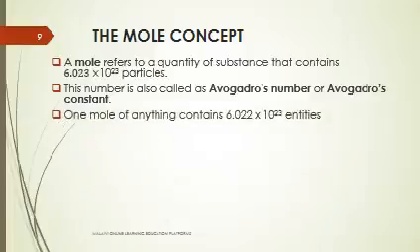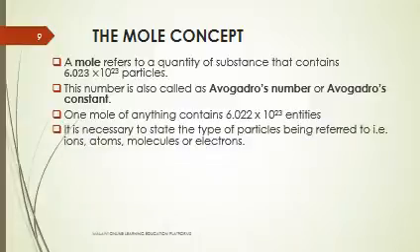So 1 mole of anything contains 6.023 times 10 to the power 23 entities. When we say this is 1 mole, we mean that the substance contains 6.022 times 10 to the power 23 entities. Entities can be atoms, molecules, or compounds.